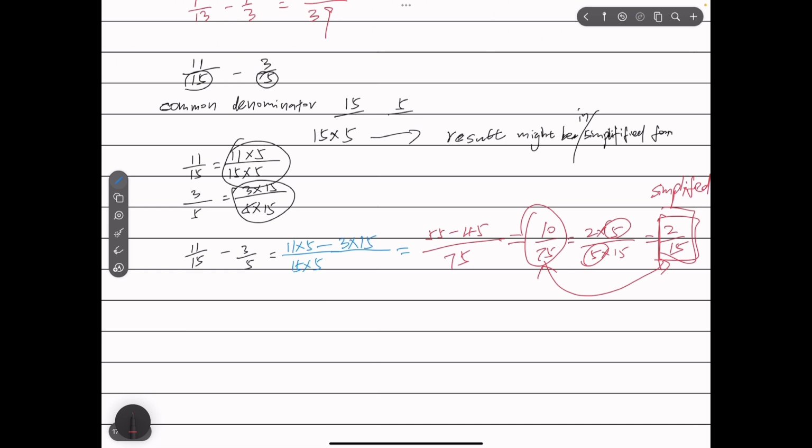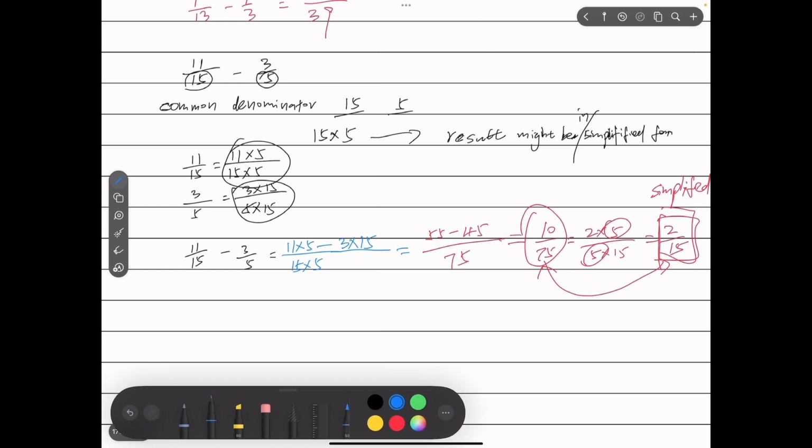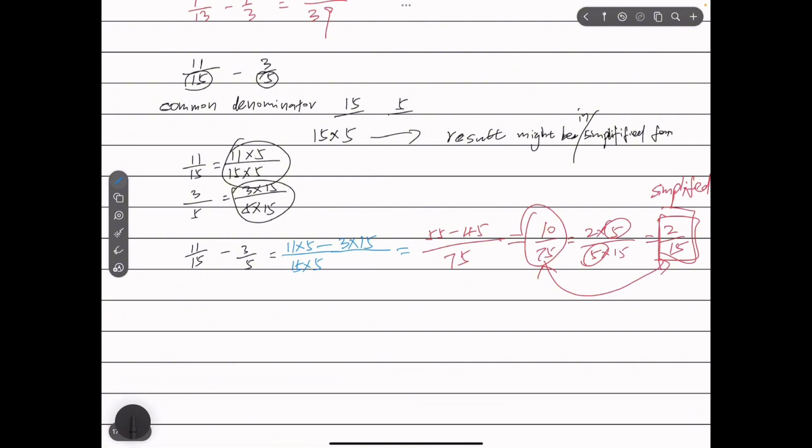So the common form for the subtraction, let's say we have a over b minus c over d. So usually we just do b times d for the denominator and a times d minus c times b for the numerator. And we can get the result after that. If it's not simplified, we can simplify it, but this will be the common formula for it.